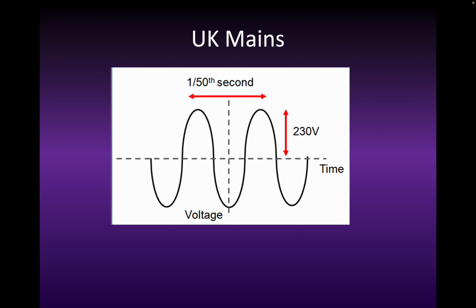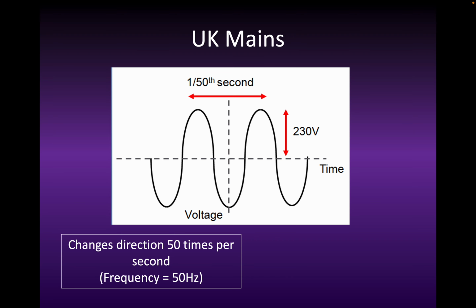That means you get 50 cycles per second, so 50 of those peaks will be 1 second. They've drawn the 230 volts as the peak value, which is incorrect. It will be probably 2/3 of the way up from the center line.